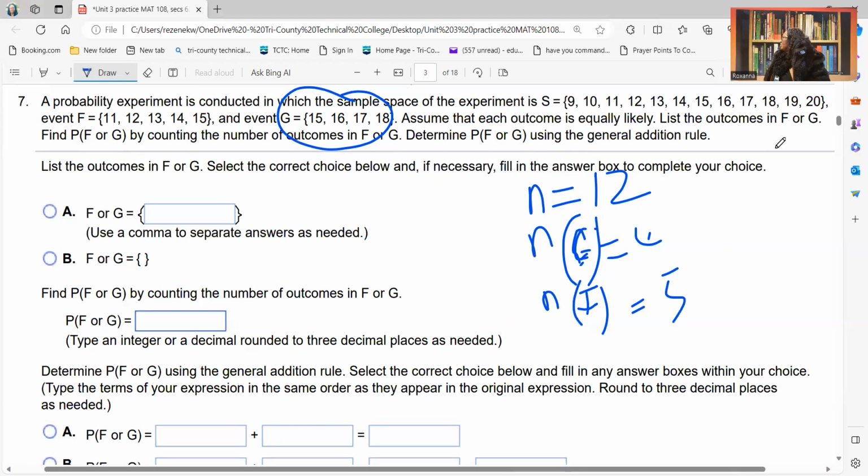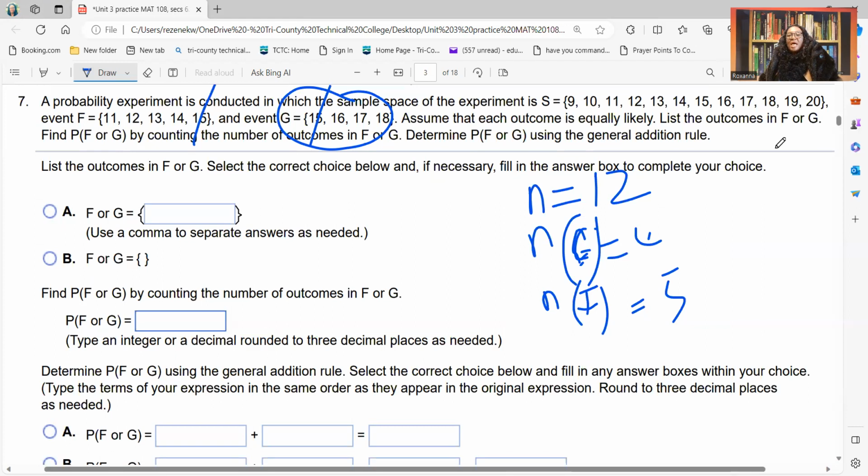Is there anything in event F that is also in event G? 15. Okay, so we're going to make a mark there. Now, since there is a common number between F and G, the question says, assume that each outcome is equally likely.